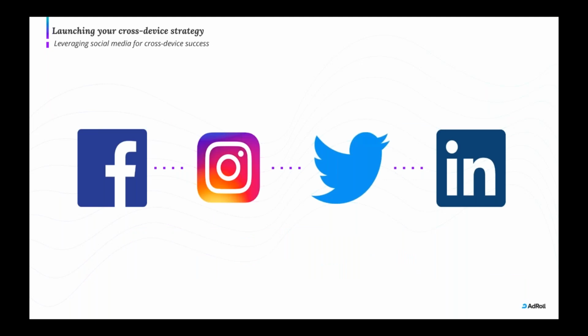And when we're thinking about this, this is so important because the numbers for social media really don't lie, right? Even though Facebook has been in the news a lot lately because of their different privacy issues, they still are kind of the king of social media right now. They have over 2 billion active users. And they're still the primary social media platform for the people who are probably going to purchase your product.